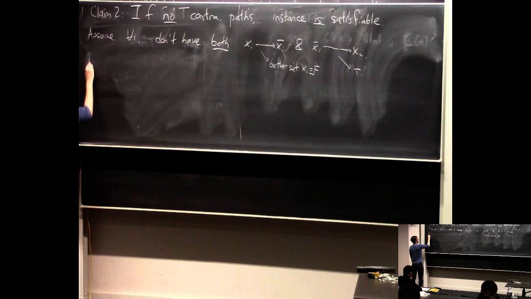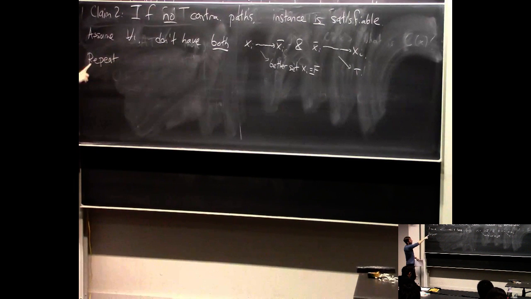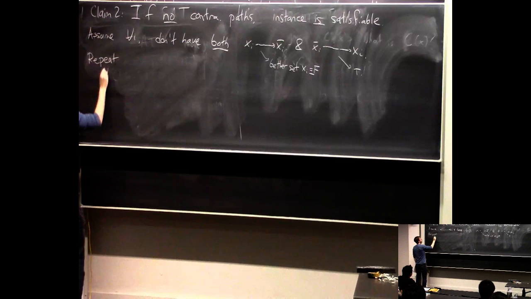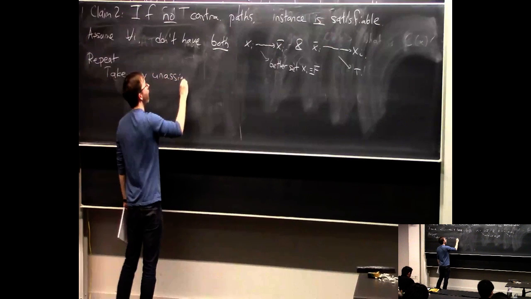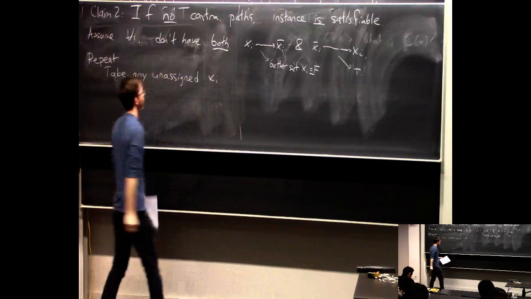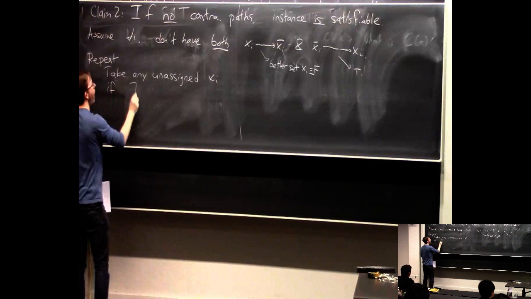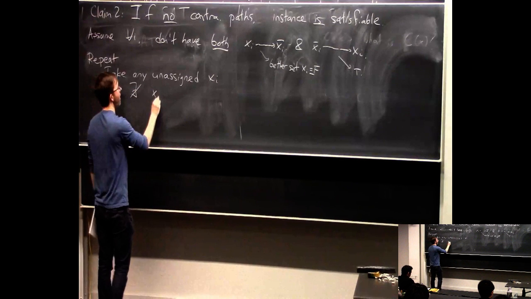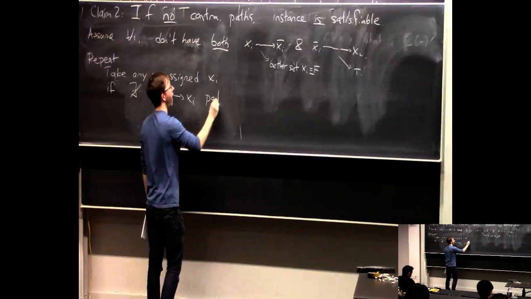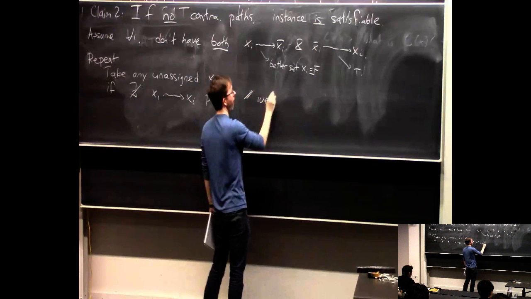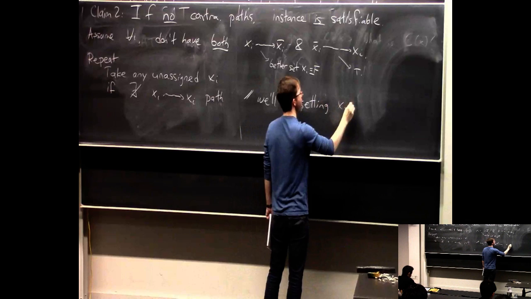So here is an algorithm which finds a satisfying assignment under this hypothesis. Take any unassigned xi, and if there is no path from xi to xi bar, we'll try setting xi to true.